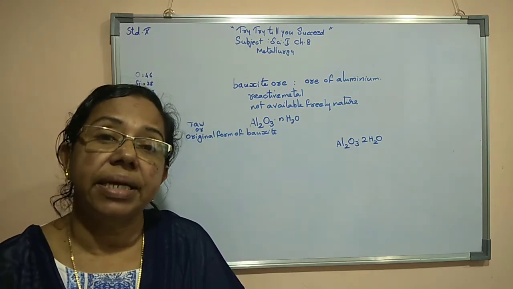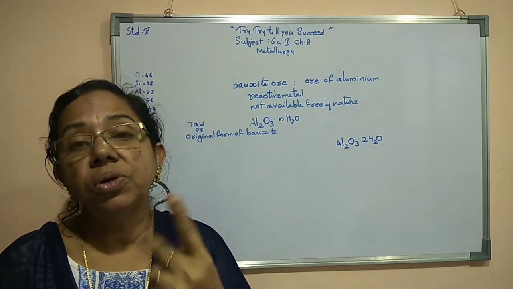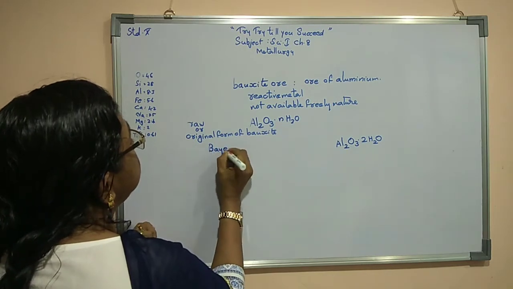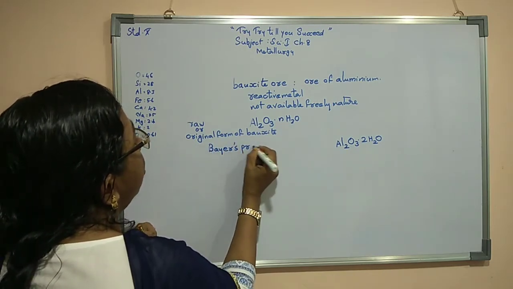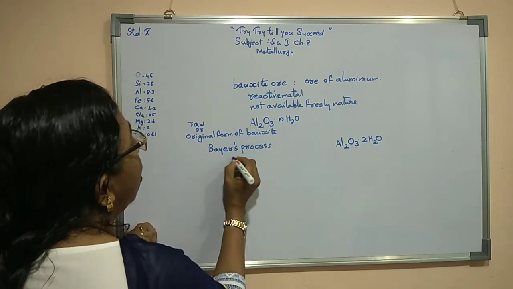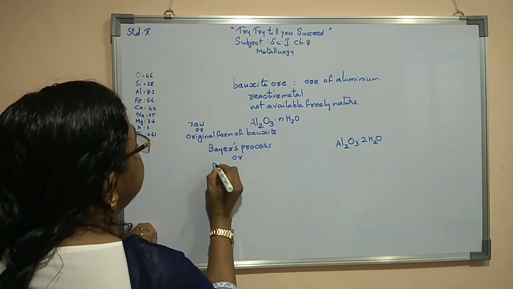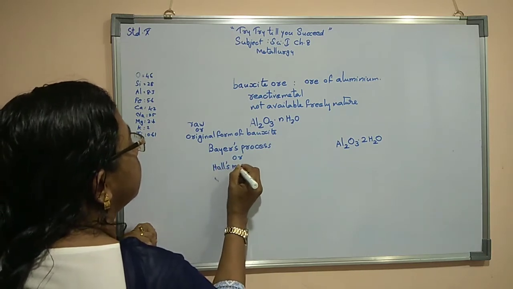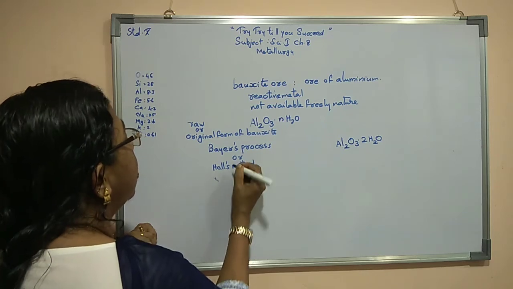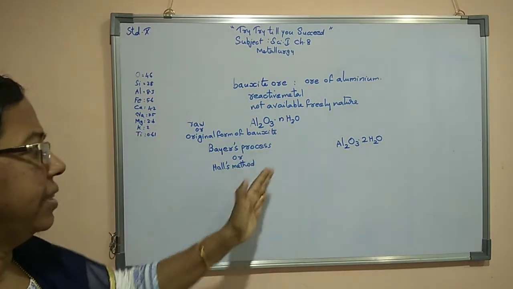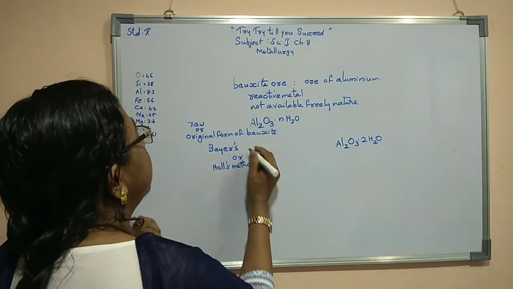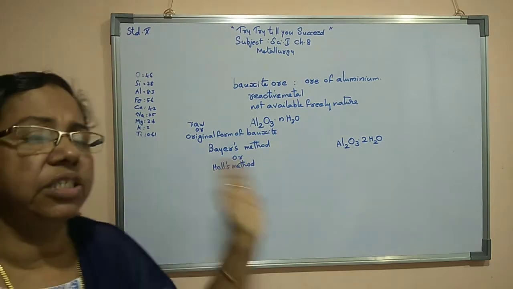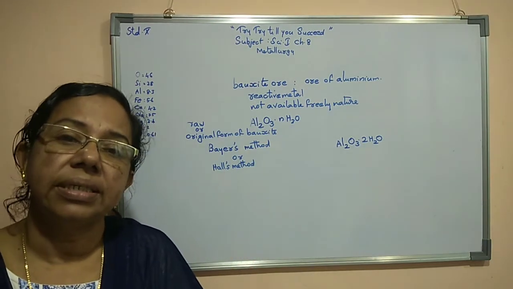For concentrating bauxite ore, we have to follow 2 methods. Either Bayer's process or we can use Hall's method.